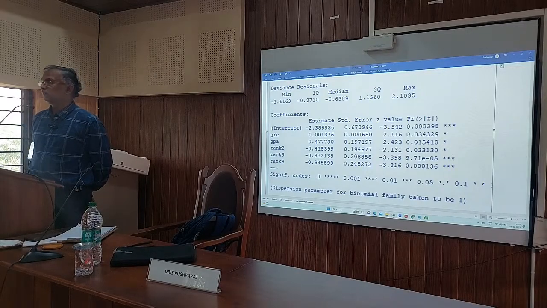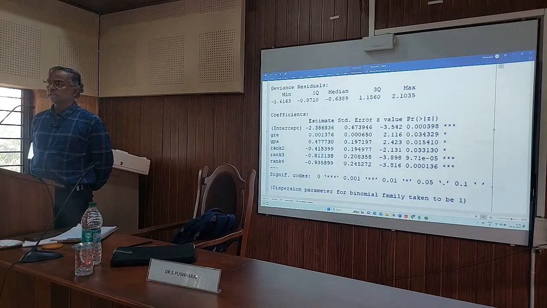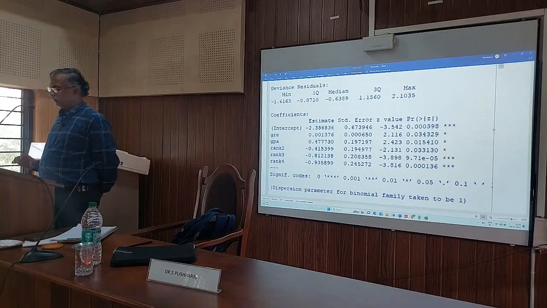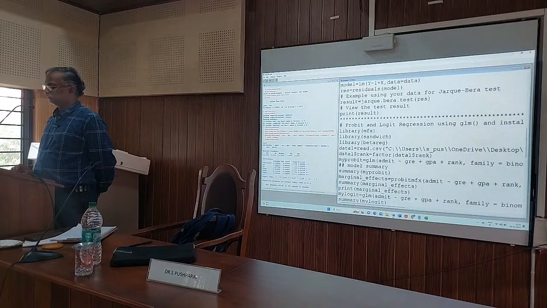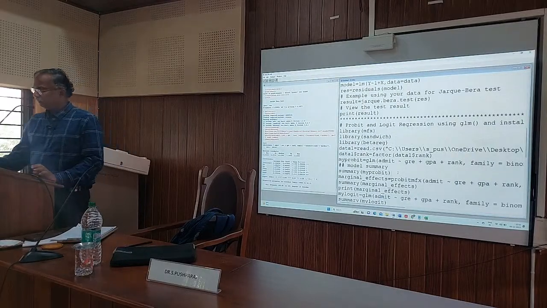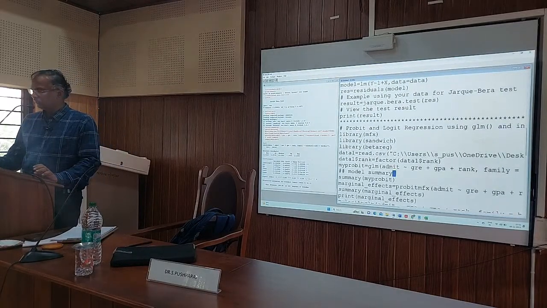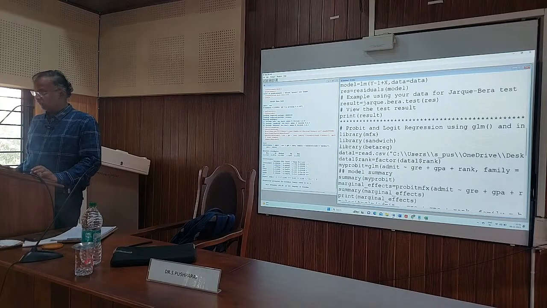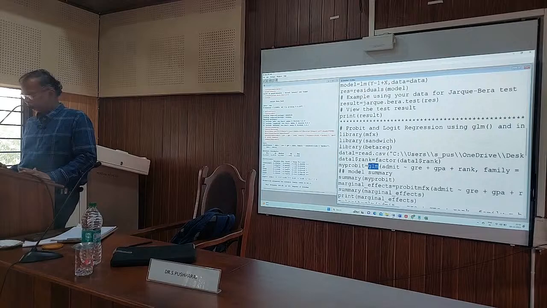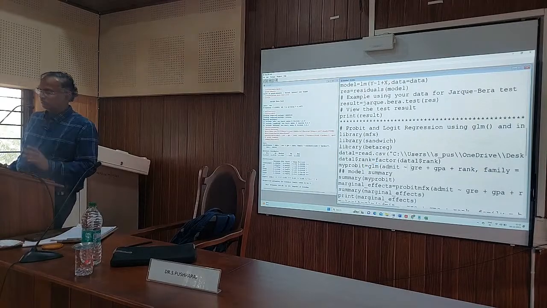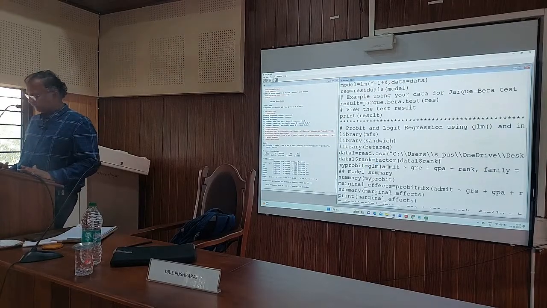Our base package has the GLM function. It is run with that GLM function. We have to specify the link function. Just look at this. This is run with the GLM function only. Actually, even ANOVA is run with the GLM functions. So it is like running all the qualitative models with the GLM only.